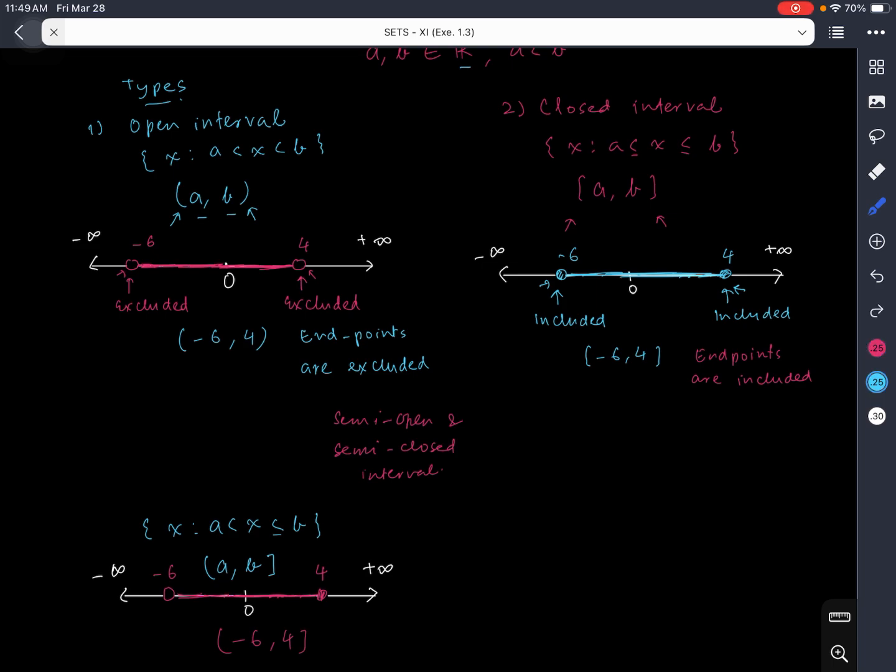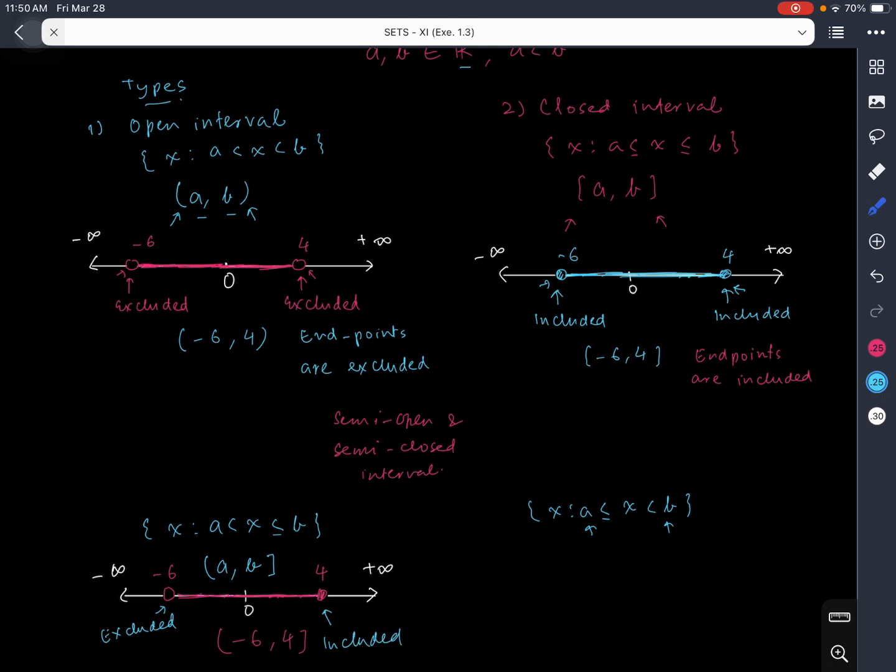Similarly, take another example where we have x such that x is greater than or equal to a but less than b. So in this case one can observe that a is included while b is excluded. As in the previous case, -6 was excluded while 4 was included.